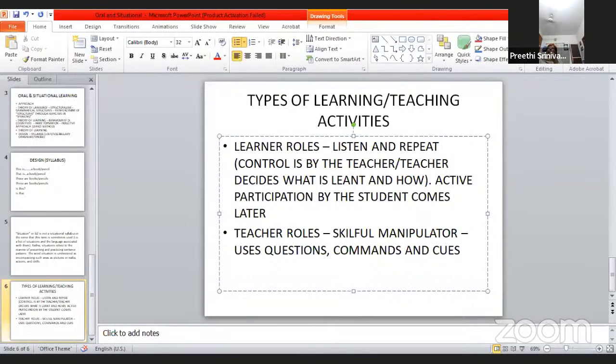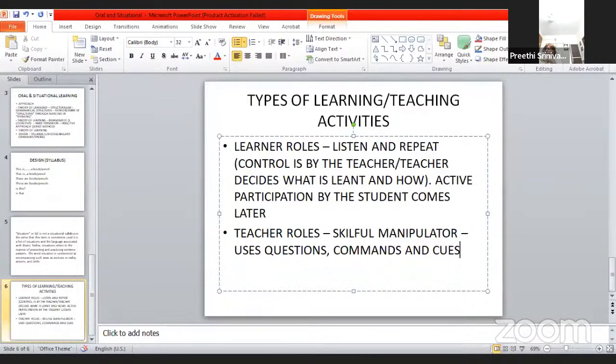When you're doing a play, a drama, you have to remember your lines. And if your friends who are backstage think you are forgetting some lines or you don't remember the lines, they may just give you a hint. So that's called a cue. They may tell you one word, the first word of the sentence, and then you remember the rest and you utter it. So that's what we mean by cue. The teacher gives cues, gives commands and questions.